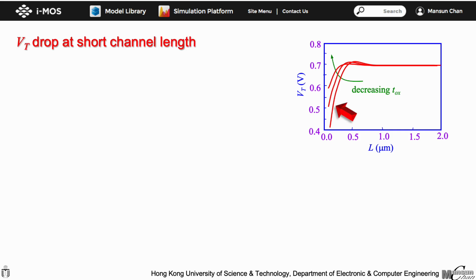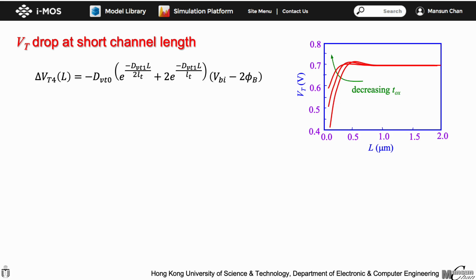After handling the VT increase due to reverse short channel effects, we have to handle the VT drop at even smaller channel length. To do that, an incremental VT4 is introduced with the expression given here. I will not explain the derivation of delta VT4 as it is not the focus of this presentation.